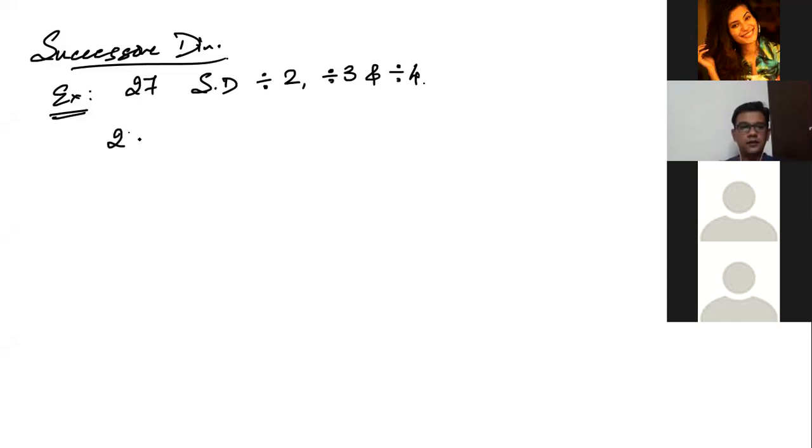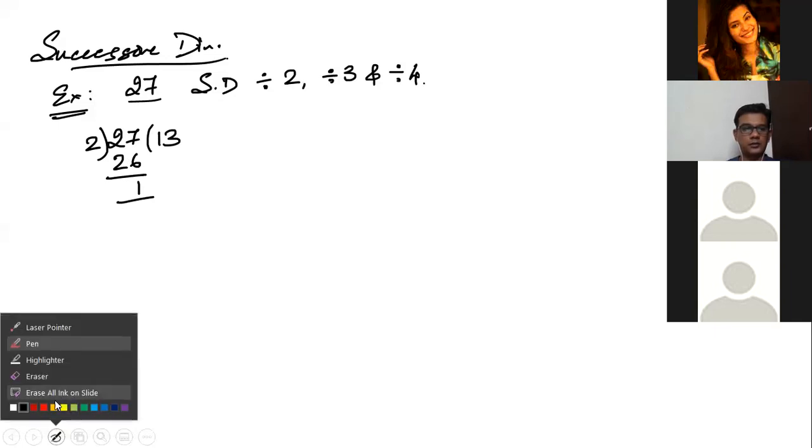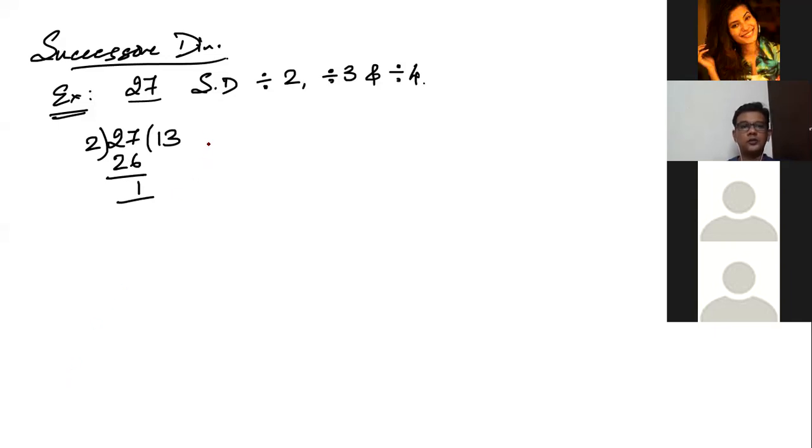Basically, it means that I will take the number 27 and divide it by 2. 2 ones are 2. So I will basically write my quotient and remainder. So I have taken the number 27 and I have divided it by 2 and I get a remainder.